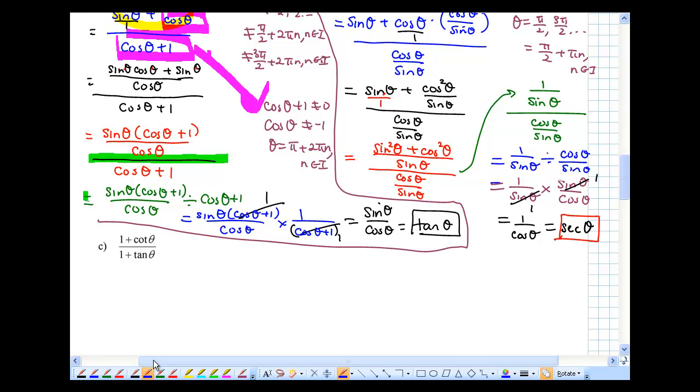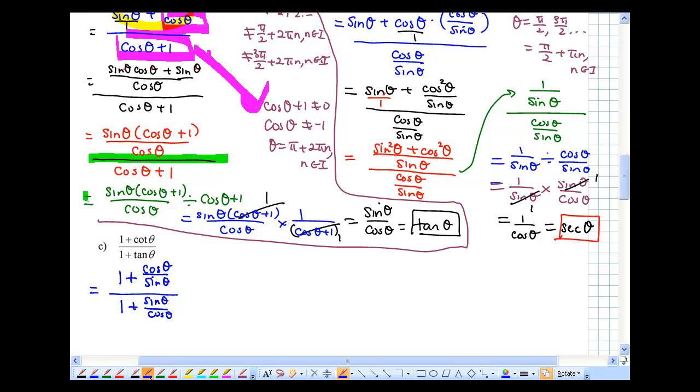Let's do the simplification first. Once again, cotangent, tangent. One of the tricks here is just to turn everything into sine and cosine. So if you want to do that here, you're more than welcome to. Cotangent, of course, is just cosine theta over sine theta. And tangent's just sine theta over cosine theta.